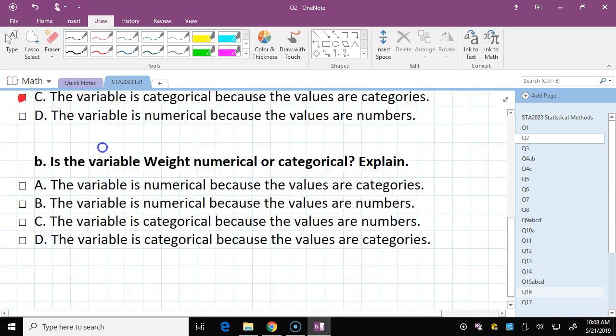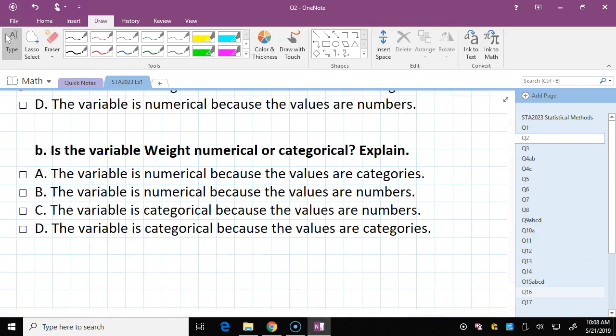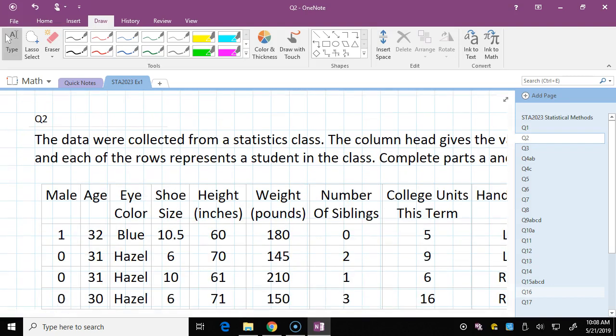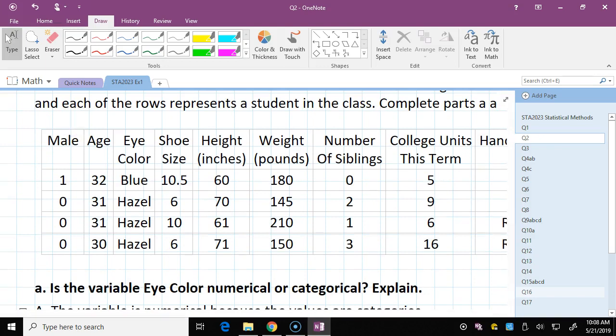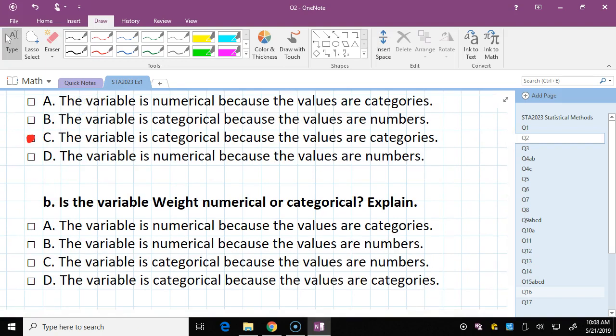All right. Then the next part, it says, is the variable weight numerical or categorical? Explain. So weight, what do you think? Say it again. Numerical, right? So you said it was B, so let's come down and take a gander at this. It says B, the variable is numerical because the values are numbers. Absolutely. I mean, you only had 2 choices there once you knew if it was numerical or not.